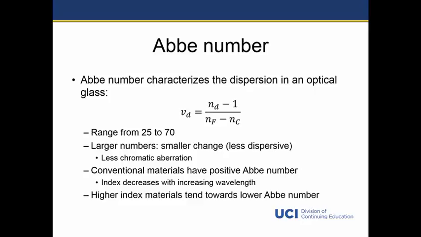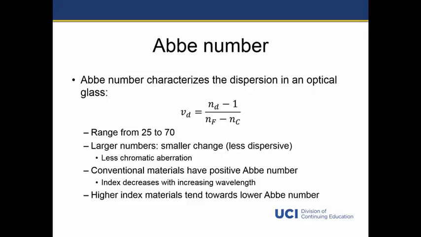And sometimes what we need to do is not just understand what the index is at a particular wavelength, but we want to understand how the index of refraction changes over a wavelength region or a particular limited wavelength region. And the way we do that is a parameter that's referred to as the Abbe number.